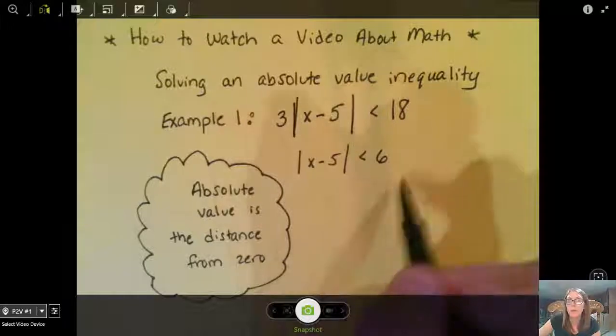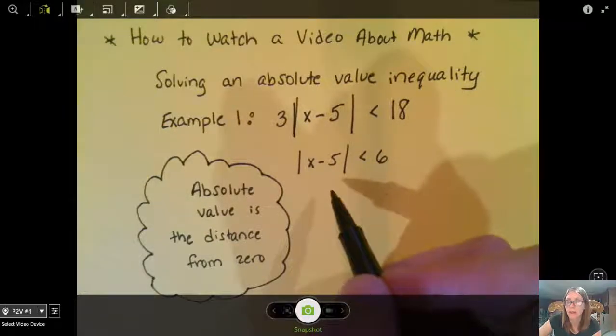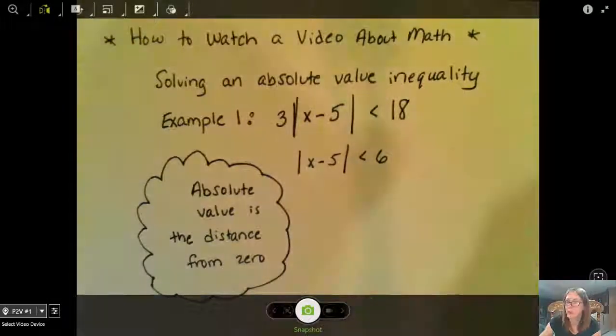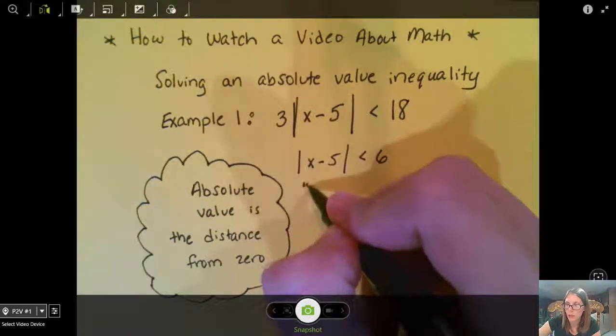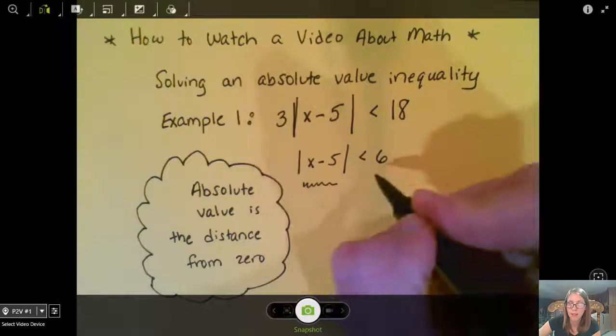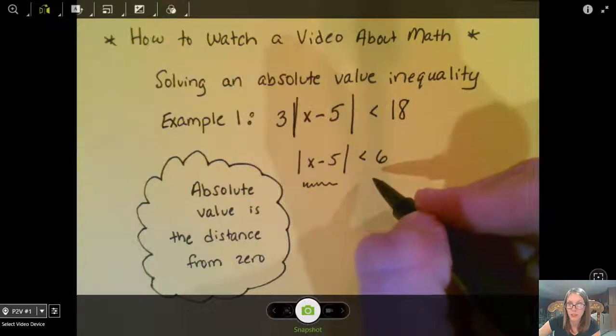So what this problem really means, the absolute value of x minus 5 is less than 6. What this really means is what is less than 6 away from 0.